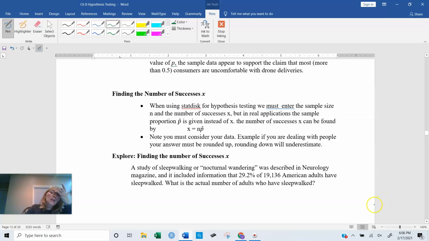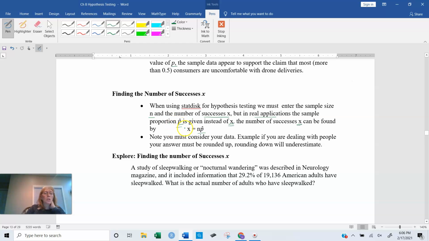All right, to find the number of successes, we can use StatDisk for hypothesis testing. You must enter the sample size, n, and the number of successes, x, like we just did. In real applications, the sample proportion is given instead of x. The number of successes x can still be found by taking n times the sample proportion.